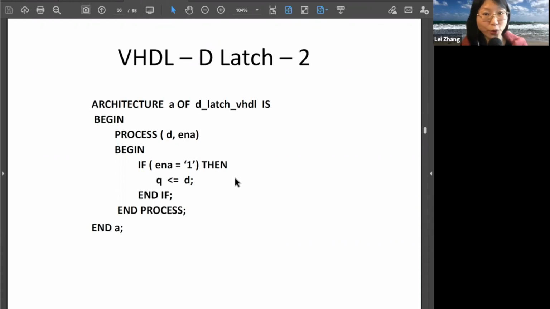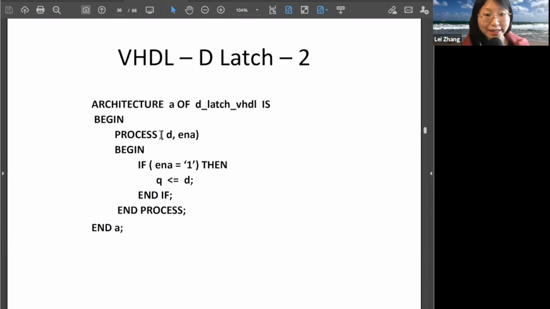The answer is no. If you have nothing in the bracket, your process will never run. But there is only one single exception. That is when you write a simulation code. What is a simulation code? It is a test bench. You run it in a simulator. When you do that, it will still run, but it will run in your software only. When you synthesize it, it won't synthesize. It won't run on your hardware.